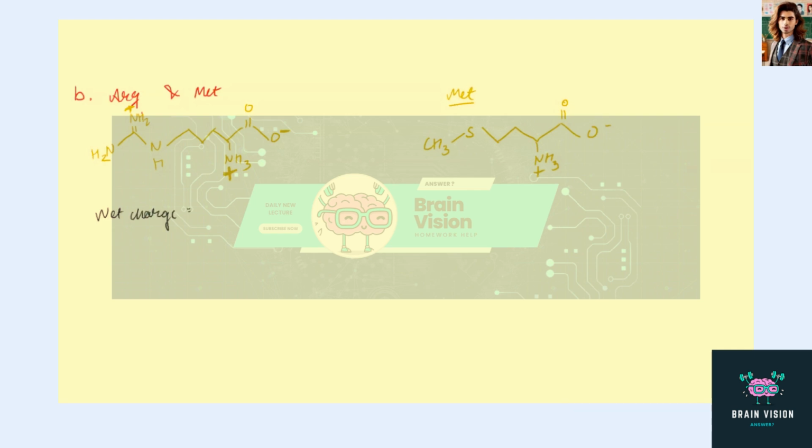For arginine, the net charge is 1 and net charge in case of methionine is 0. So which will be eluted first? The one with lesser net charge, which is methionine. So your methionine will be eluted first. Now we'll move on to C.